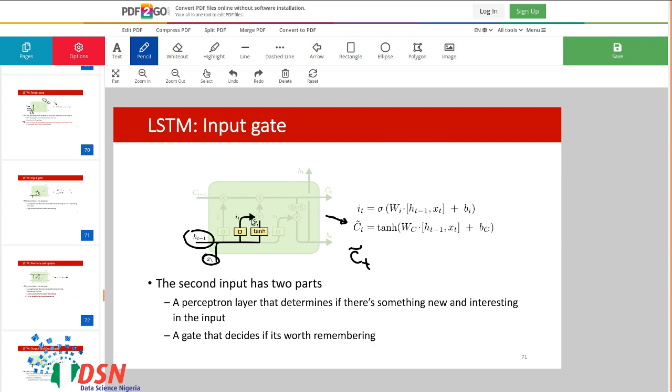So first we create a perceptron for the input and hidden state, the information that we have, and then we determine how much of this information we want to carry to the cell, or is worth remembering.